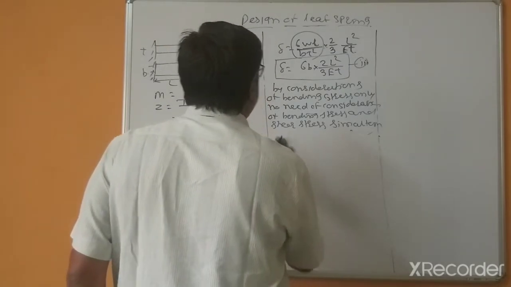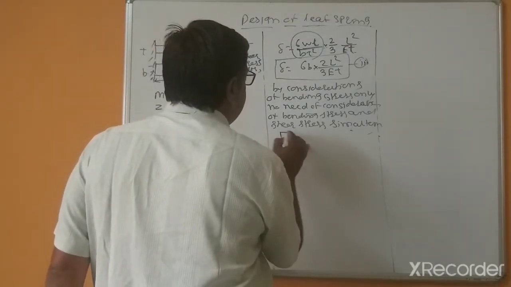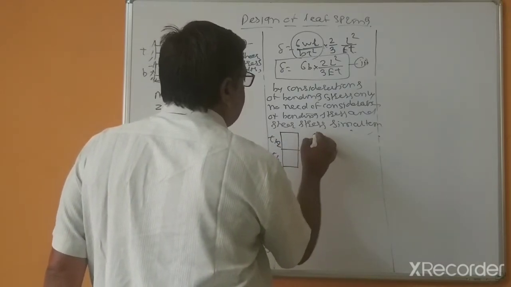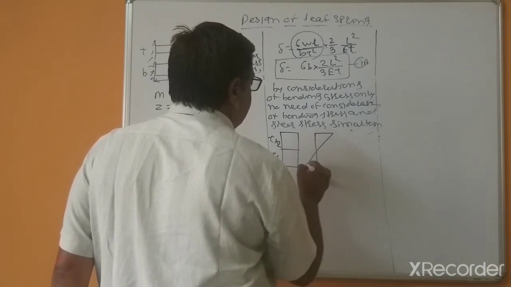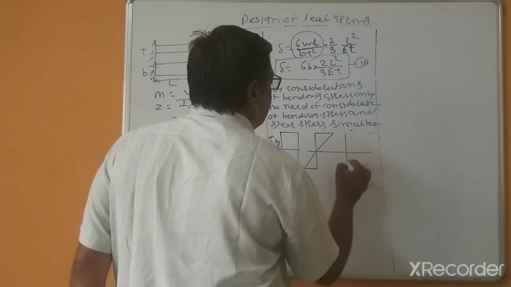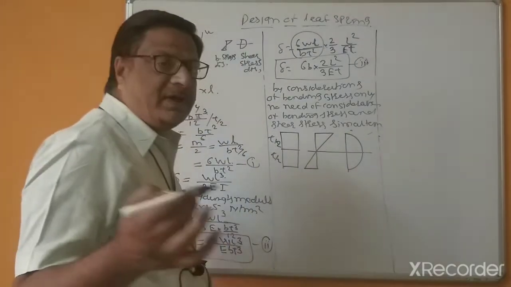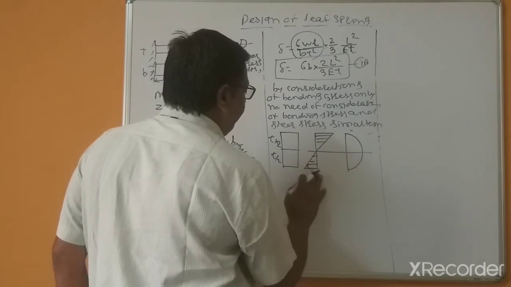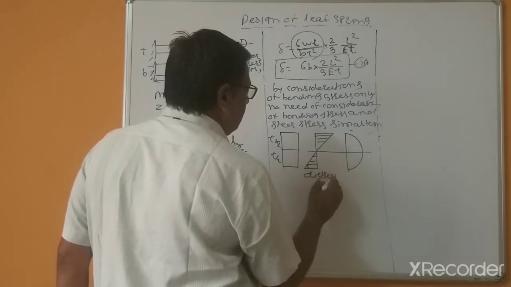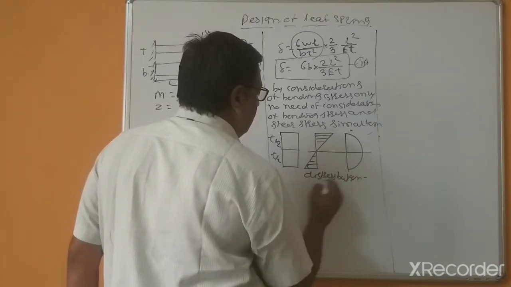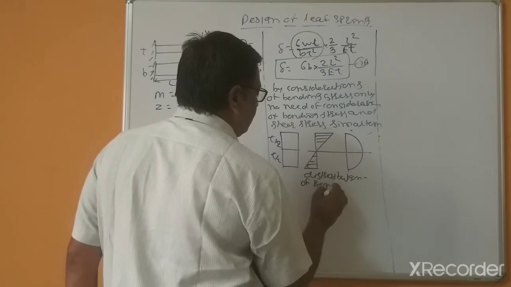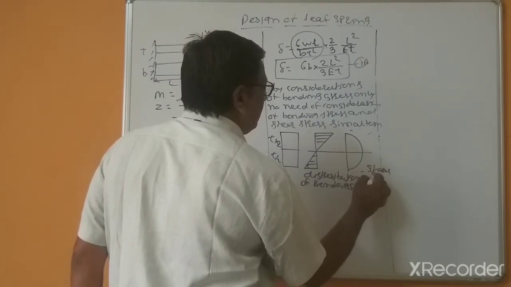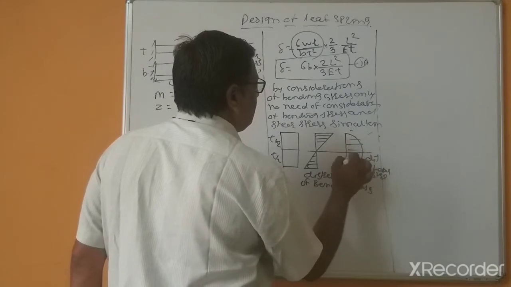Otherwise, before that, I will explain: this is t by 2 and this is t by 2, y equals t by 2, and this is the distribution of the bending stress, and this is the shear stress distribution diagram.